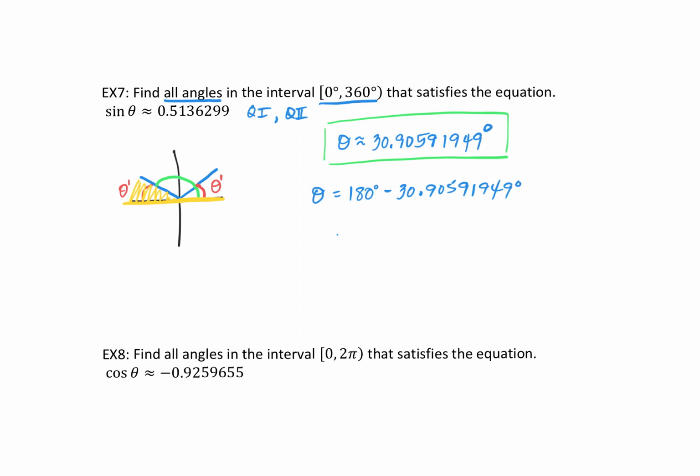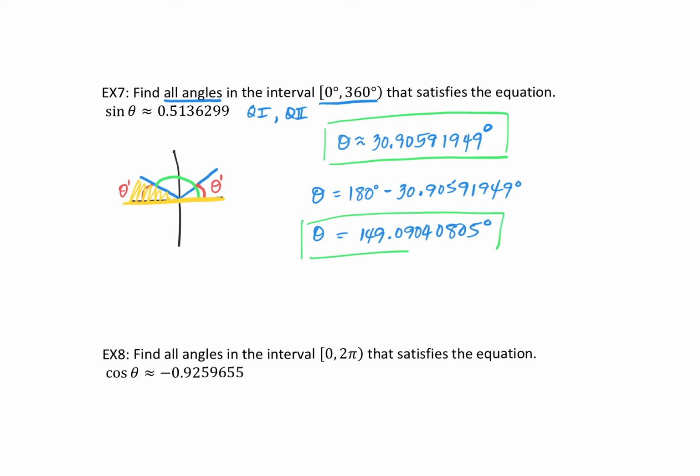And then when I put that in my calculator, I got 149.0940805, and that makes sense. About 150 degrees. Yes, that would be in quadrant 2.